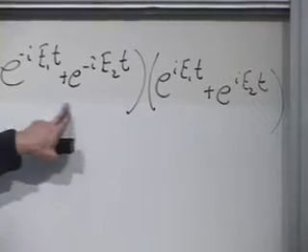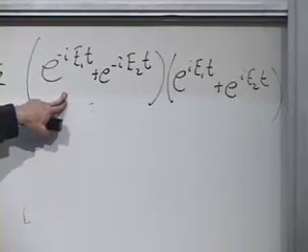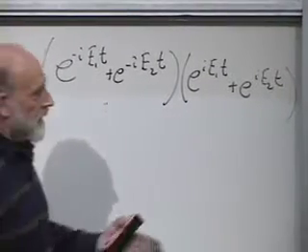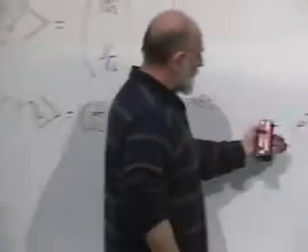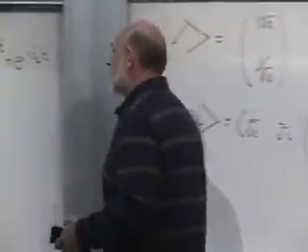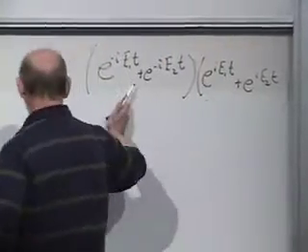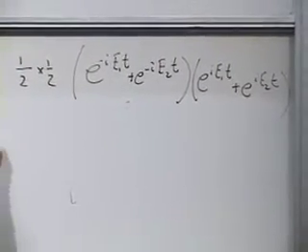This bracket is simply the complex conjugate of this bracket. So the 1/2 times 1/2, that's just squaring the overall factor of 1/2 here, and then I've multiplied this by its own complex conjugate. The whole thing is then 1/4, and let's see what we get.